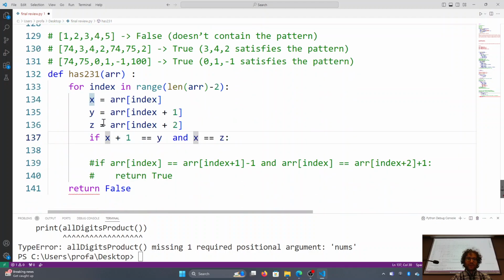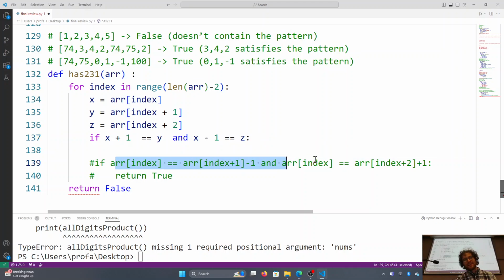And we want to check if this value is 1 less than this value, meaning that this value is 1 more than this one, which means we would subtract 1. So if x plus 1 is equal to y, and x minus 1 is equal to z.